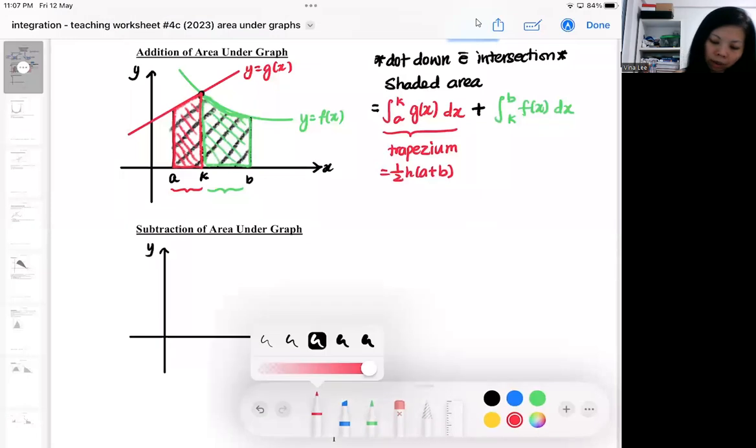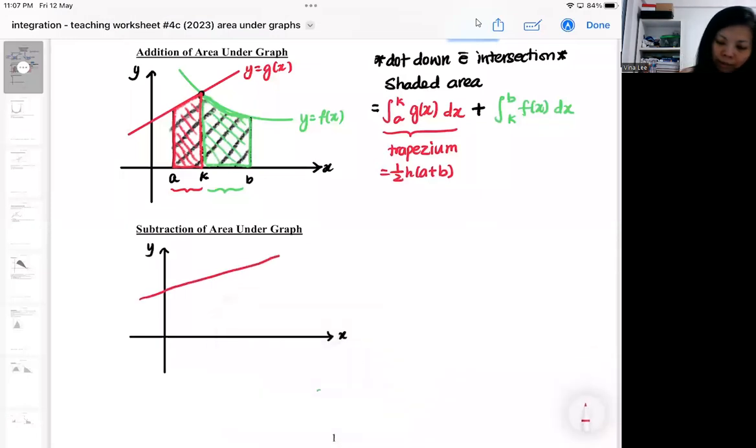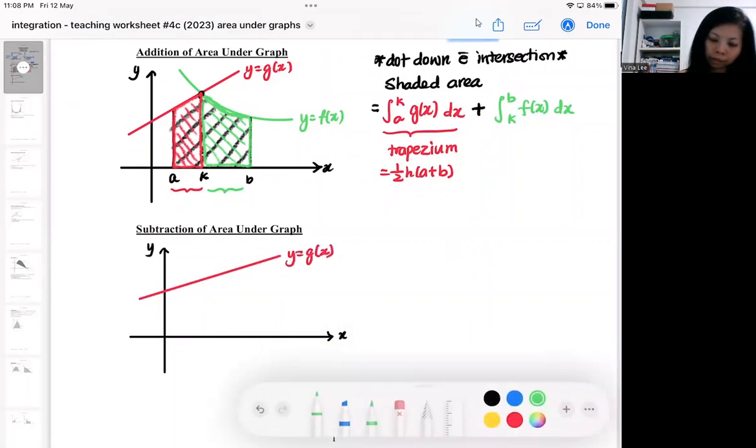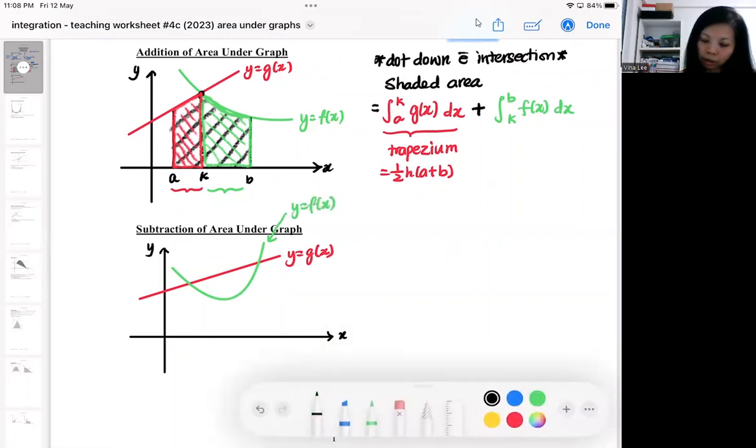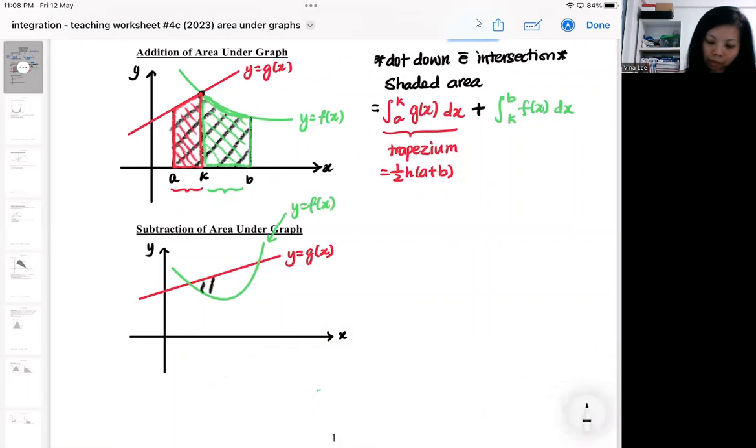You will be subtracting when you see things like this. So the shaded area will be here. So the shaded area is hanging in the mid-air.